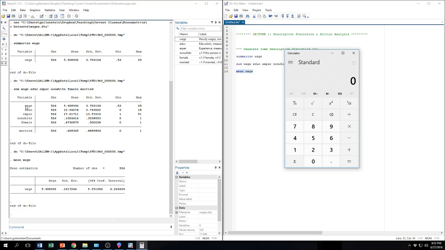Now, the standard deviation of the wage is 3.7. I'm just going to round it off. Let's see, 3.71 divided by the square root of the sample size, the square root of 5.26.